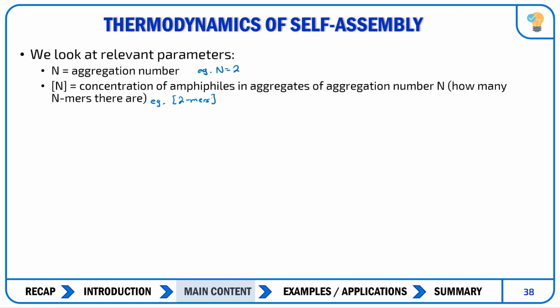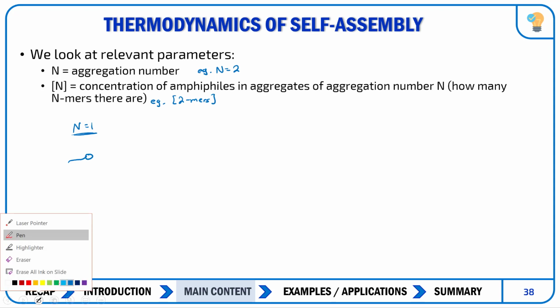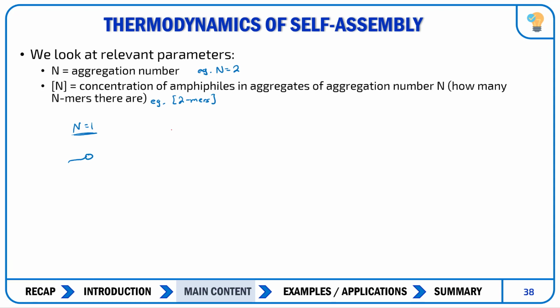So let's take a look at a couple of examples. We can have n equals 1, in which case it's simply just one lipid. You can have n equals 8. And in this case, you'd have 1, 2, 3, 4, 5, 6, 7, 8.